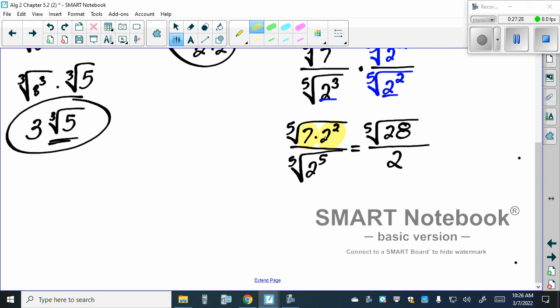The only way that we'd be able to take the 5th root of the numerator is if for some reason the 7 had 2 cubed, had common factors in it, then we could have. But if the 7 had 2 cubed, we could have divided from the beginning and it would have worked out nicer. But that right there is it. Any questions on this here? Okay.